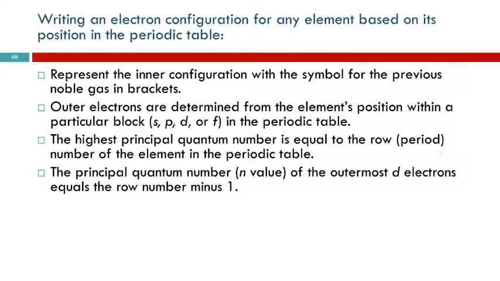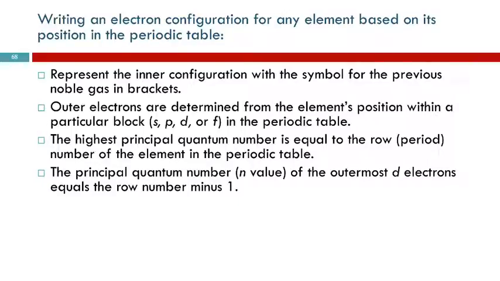So for those of you that like sets of instructions, here are your instructions: how to write an electron configuration for any element looking at the periodic table. First of all, you represent the inner configuration with the symbol for the previous noble gas, and you put that in brackets. The outer electrons we determine from where the element is on the periodic table.